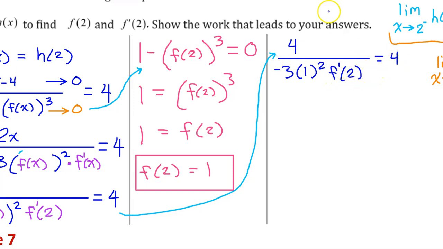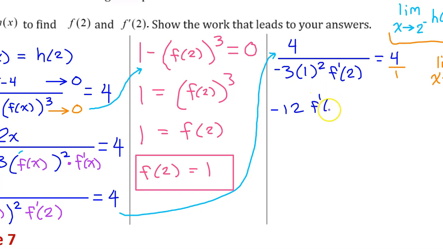We can solve this by cross multiplication, which you guys love to do. So I'm going to sort of think of this as 4 over 1. So if we cross multiply, if we multiply along this diagonal, 4 times negative 3 is negative 12. 1 squared is just 1, which I will not write.